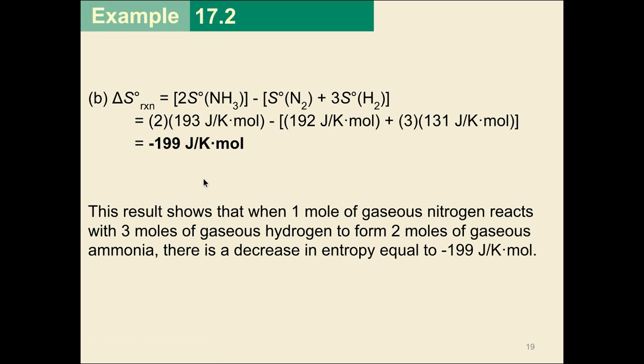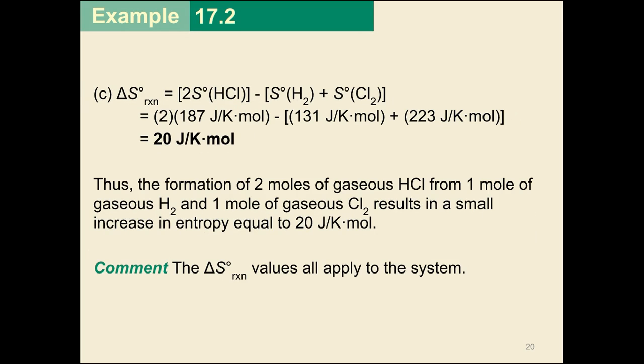This has a net negative change in gaseous molecules, so you have a large negative value. And C has a much smaller value in terms of delta S because there is no change in the number of gaseous particles. But there is a change in complexity of the reacting species, so you do have a change in entropy in this value as well.